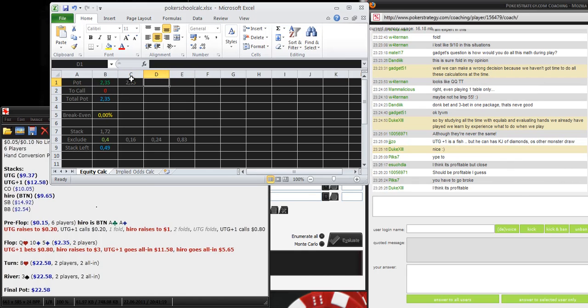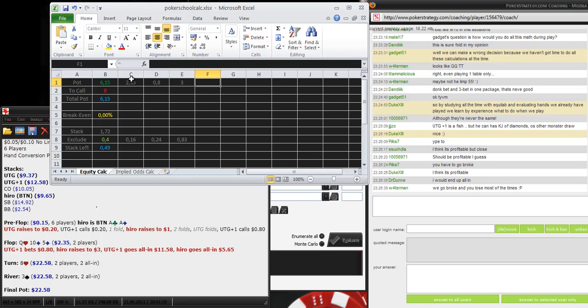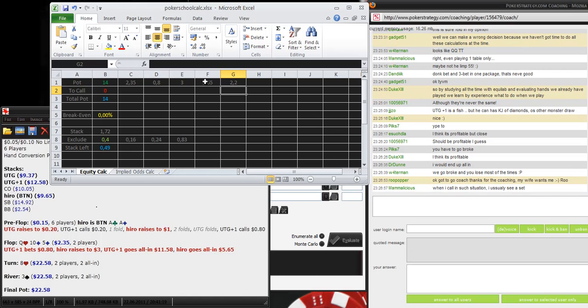The pot is $2.35, and we have to call, or I mean go all in for the whole stack, and already in the pot is this amount, which means that UTG has left $5.65, and $2.20 comes from the raise, and we put it together, and this is the stack which UTG has left, and we have to spend $5.65.